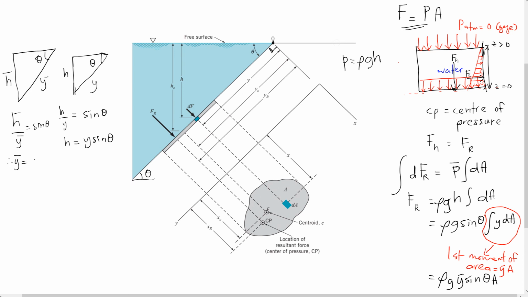Therefore, y bar sine theta is equal to h bar. Okay, so what does it mean by y bar and h bar? Just now, we use h. Now we use h bar or y bar, or also can be called hc and yc.